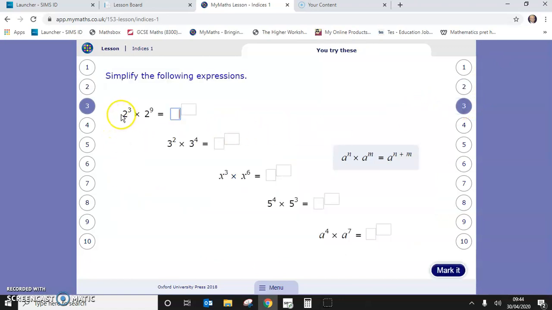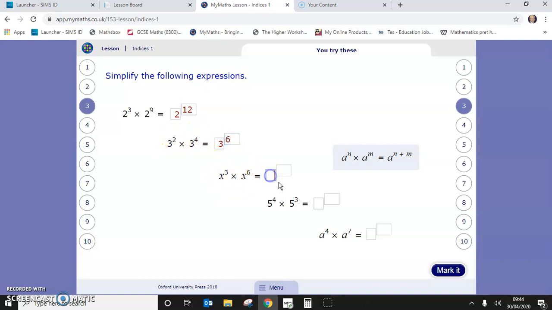So just here, 2 to the power of 3, 2 to the power of 9, 9 plus 3, 2 is still my base number, and then the power, the index number, is going to be 12. This one, my base number is 3, and my index number is going to be 6.